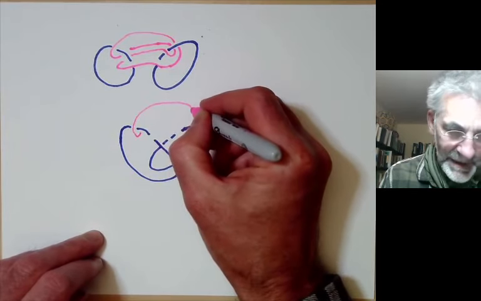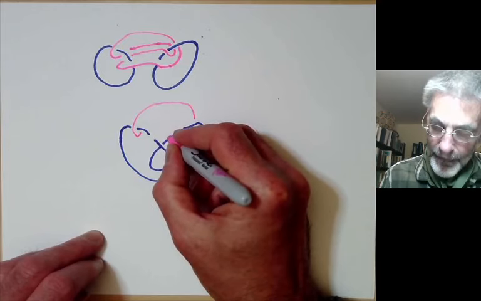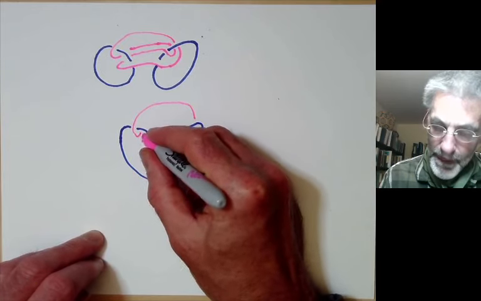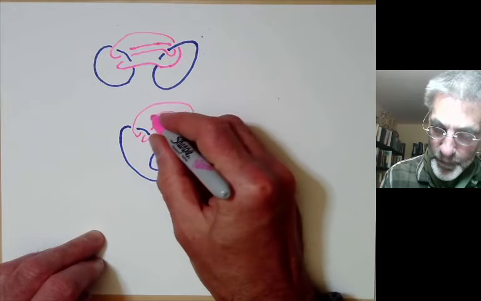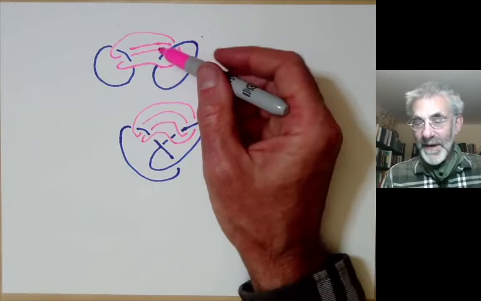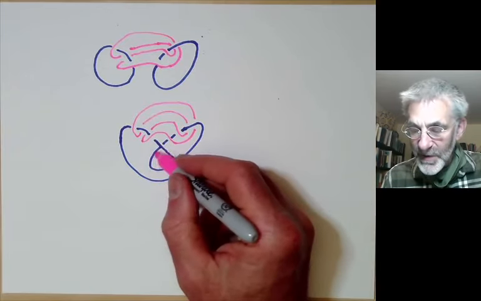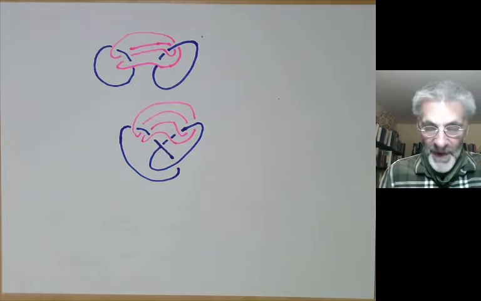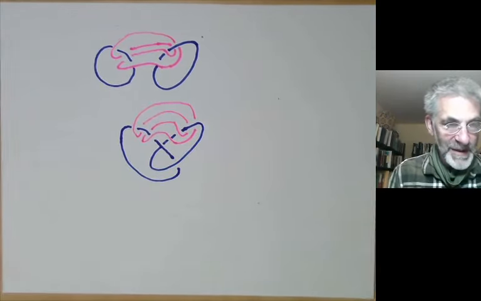So let me try and get it right. And here, so I've taken this link and I've made it even more complicated by linking these two blue circles together. And the amazing thing is you can now pull this pink loop off these two blue circles.